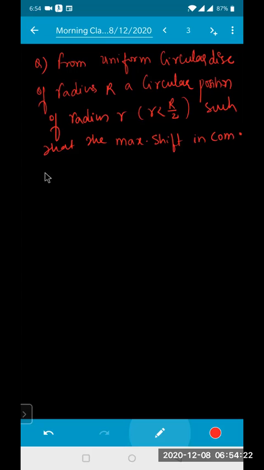Then find the shift in center of mass. So read the question carefully first.